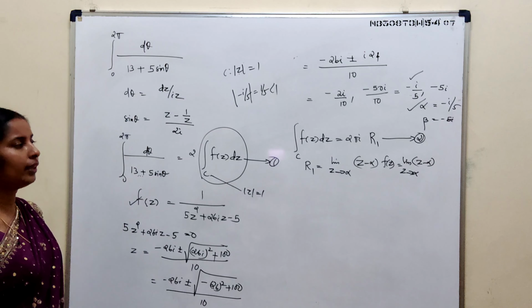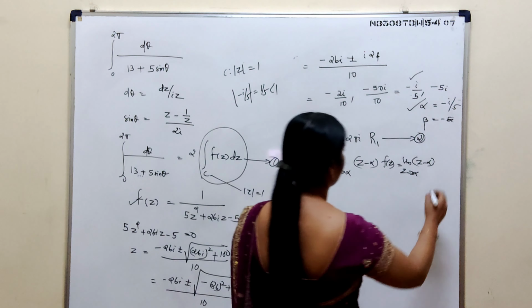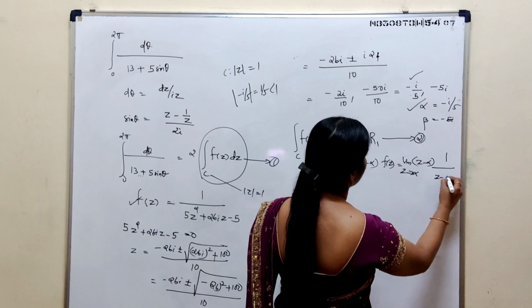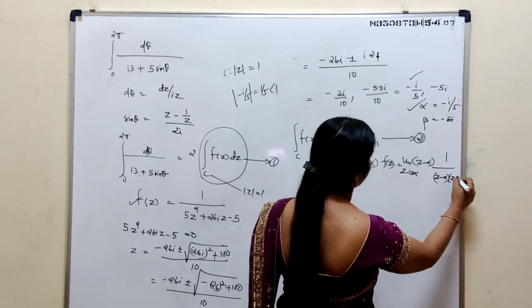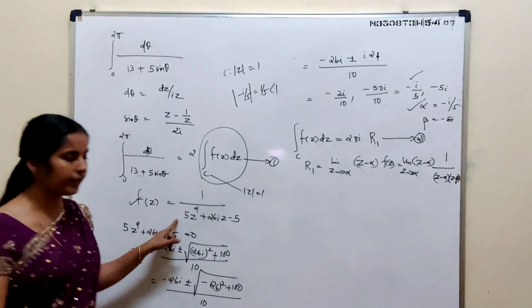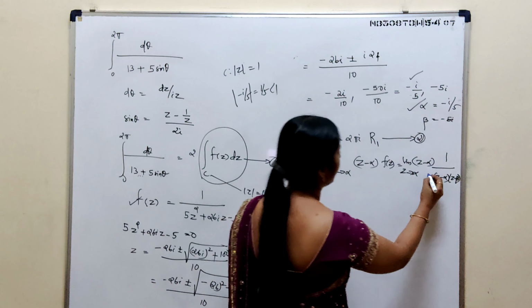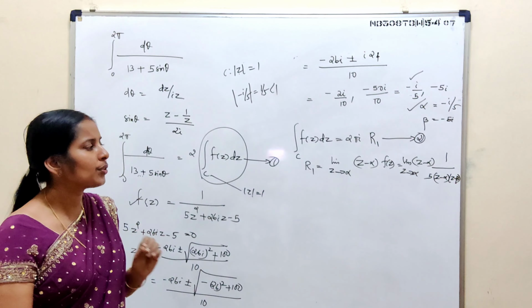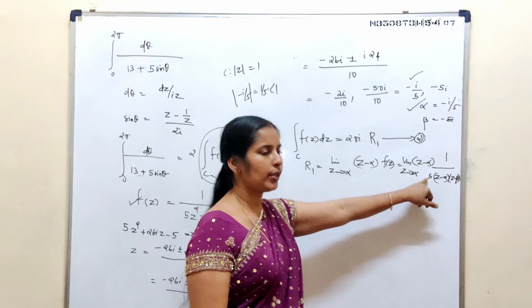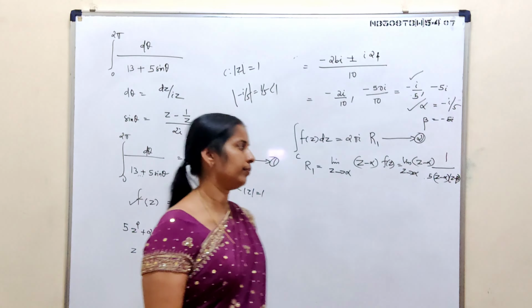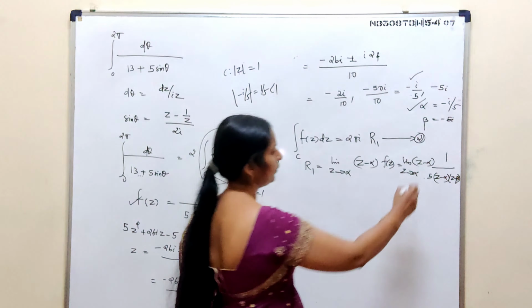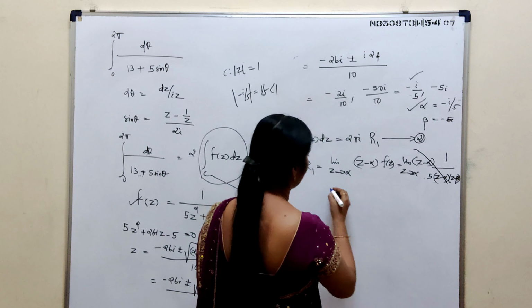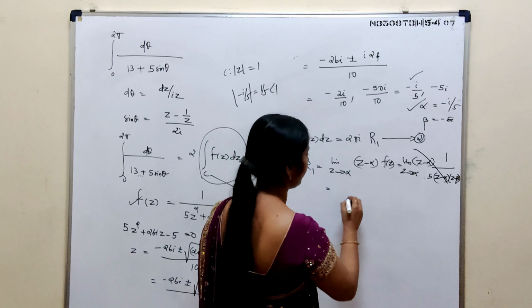Here alpha and beta are the solutions. So the factorization is 1 by z minus alpha into z minus beta. Here the coefficient of z square is 5, so you have to put a 5 here. You should be very careful here because most of the students make a mistake here. They will not write this 5. That's not correct. Next, you can see there is a cancellation. And you put z equal to alpha.